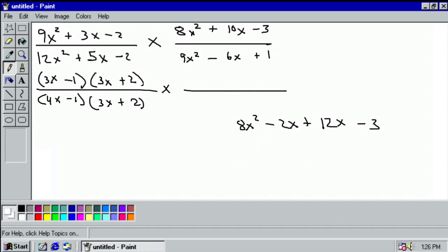So let's factor by grouping with this one. We have a common factor of 4x. 8x squared divided by 4x is 2x. And negative 2x divided by 4x is negative... is it negative 2?